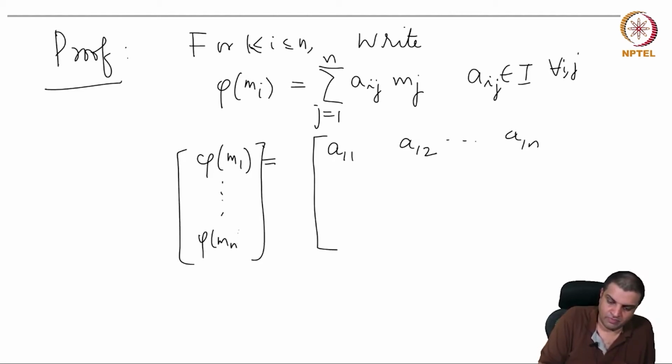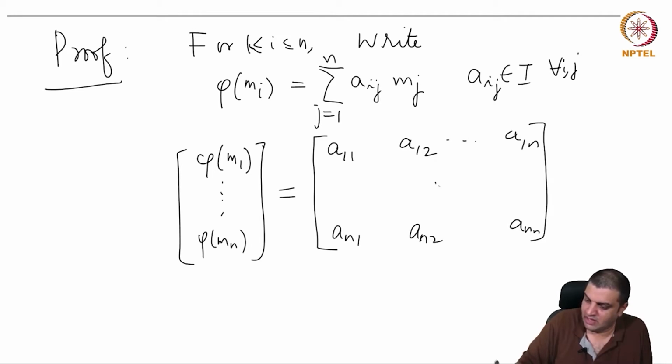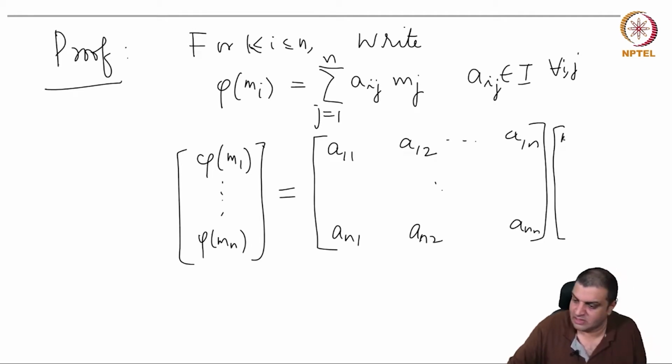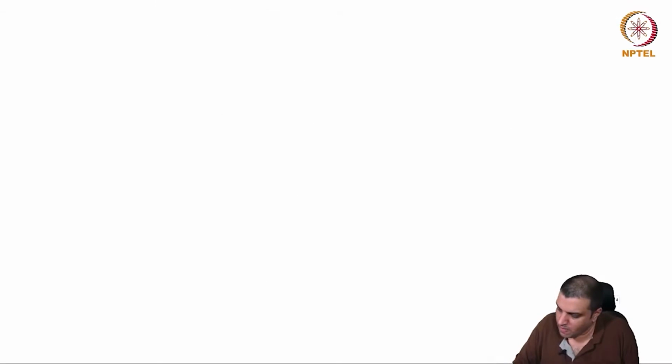Phi of mn we can write as the last row, an1, an2 up to ann, and what multiplies here is again m1 to mn. Okay. So this is an n by n matrix, and this is n by 1, and here is n by 1. Okay. So we get this, and this is exactly where the finiteness is used, that we get a matrix expression like this.